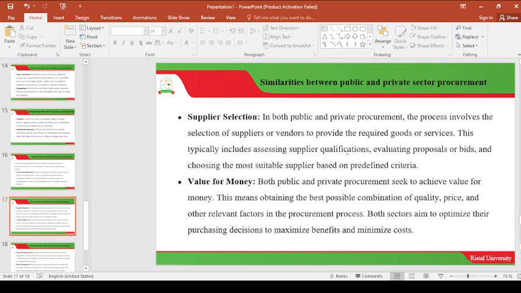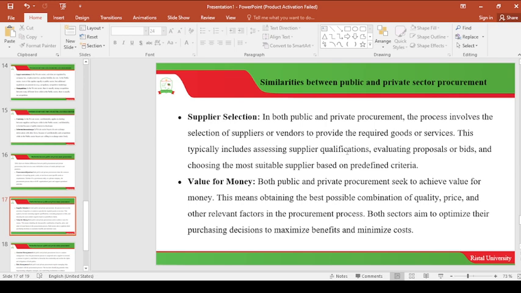In other words, value for money I can explain as the maximum satisfaction that is derived from consuming a certain good or service.